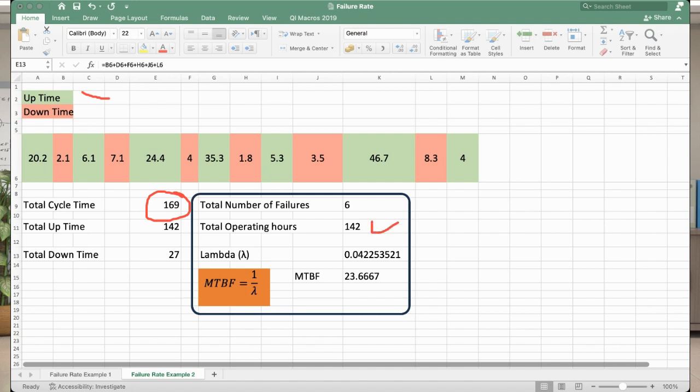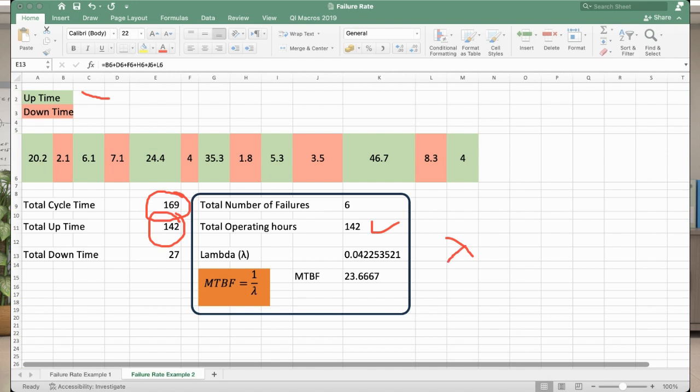For total operating hours, again, actual operating hours, not 169. Total uptime is 142, which is total operating hours. As you remember the MTBF formula, 1 over lambda. Lambda is number of failures divided by total operating hours.